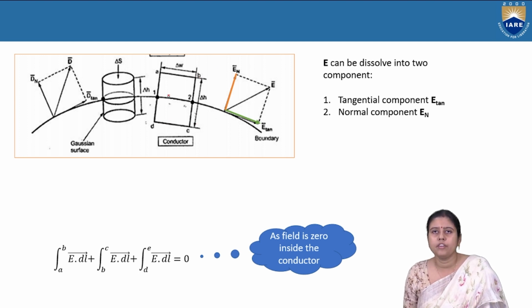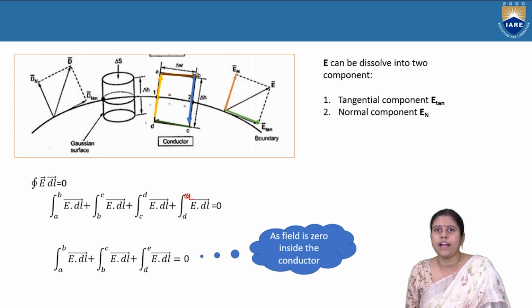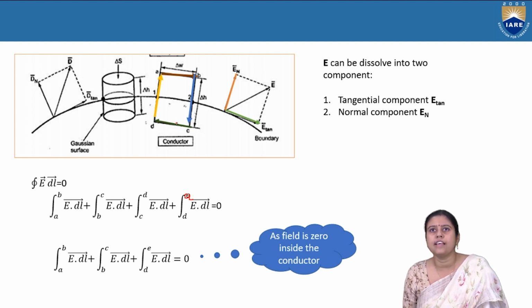First is E along AB, meaning A to B, shown here in brown. Then B to C, then C to D, and then D to A. Here you can see that CD is inside the conductor, so it is 0. We will take the integration of A to B, B to C, and D to A.